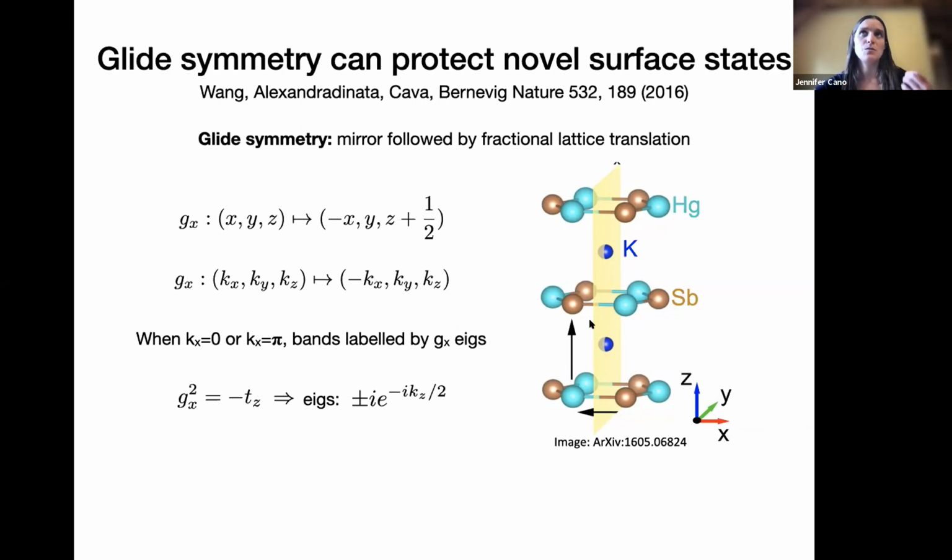So this is the difference between on-site symmetries and crystal symmetries. You can only expect to see surface states on surfaces that are preserved by that symmetry. If you have a Z2 TI protected by time reversal, that leaves every site invariant. So no matter how you truncate the system, you'll always see surface states. So that's an important difference.